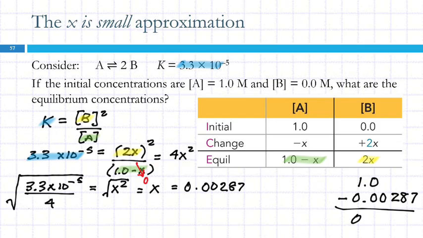It tells us 0.99713. But we're subtracting. This is the uncertain digit. We have to round, so there's only one uncertain digit. So we're going to report that as 1.0.